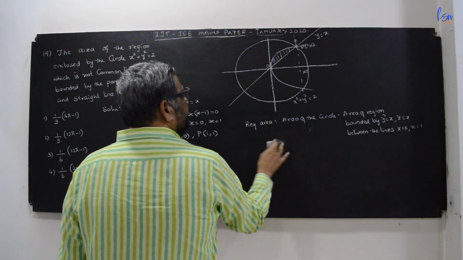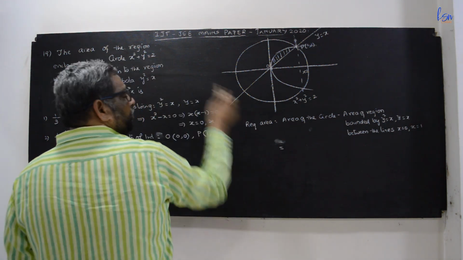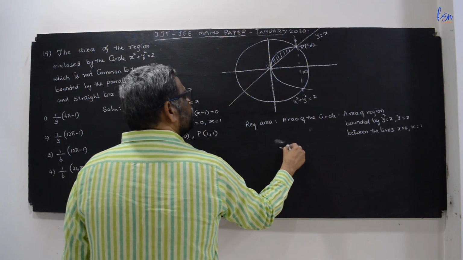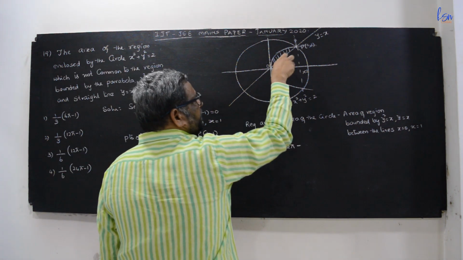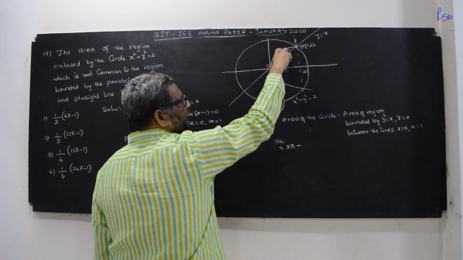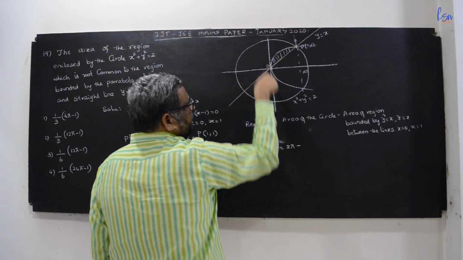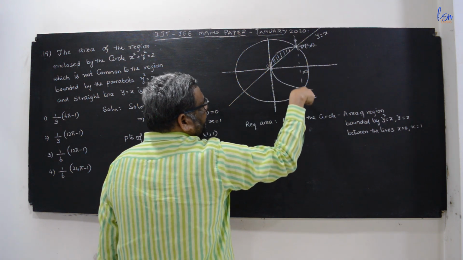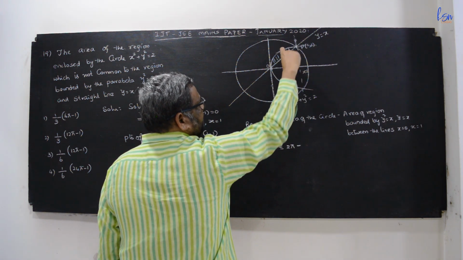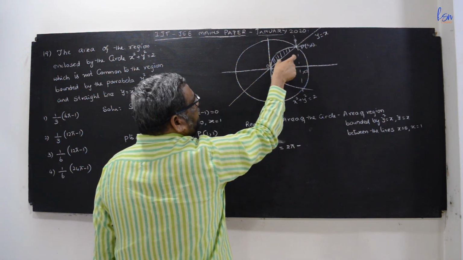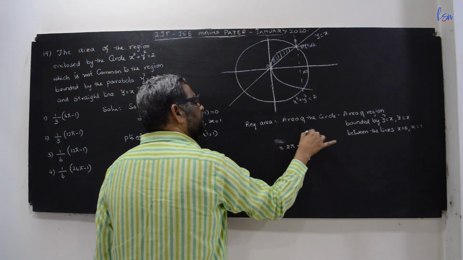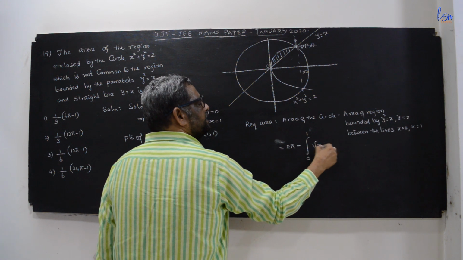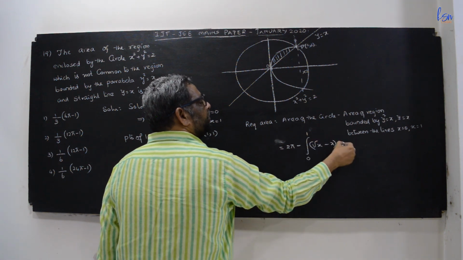Here r square is equal to 2, so pi r square is 2 pi, minus the area of this region. The area of the parabola between x equal to 0 and x equal to 1 and the x-axis, this complete area, must be subtracted from it. That is nothing but the integral from 0 to 1 of root x minus x dx.